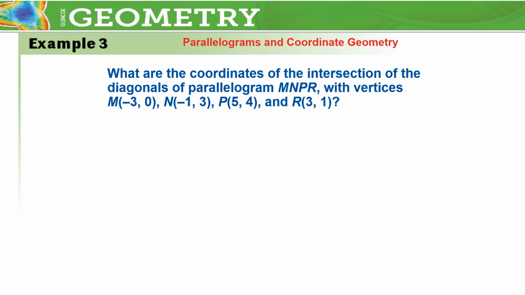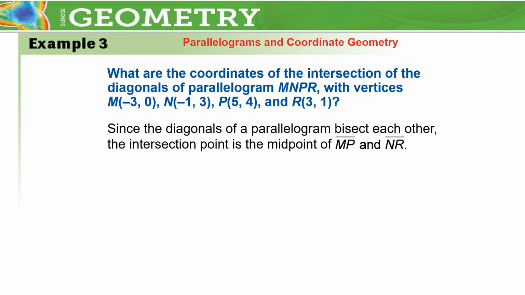Now, we want to find the coordinate of the intersection of the diagonals. We know that the diagonals of a parallelogram bisect each other. Then the point of intersection will be the midpoint between two non-consecutive vertices.